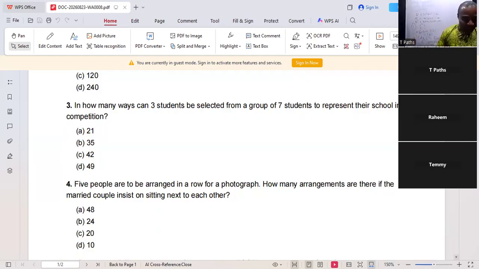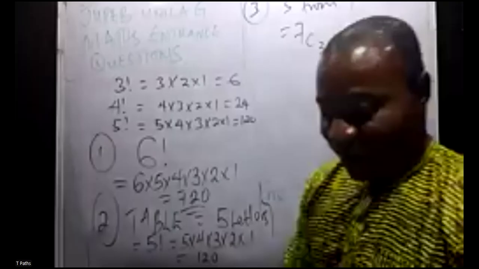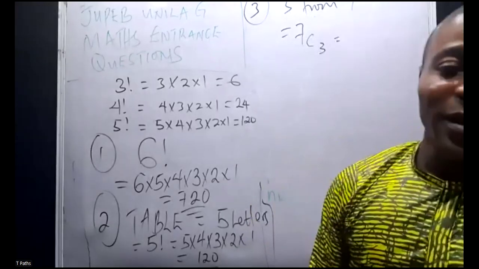In how many ways can 3 students be selected from a group of 7 students? So that is 3 from 7, that is 7 combination 3.